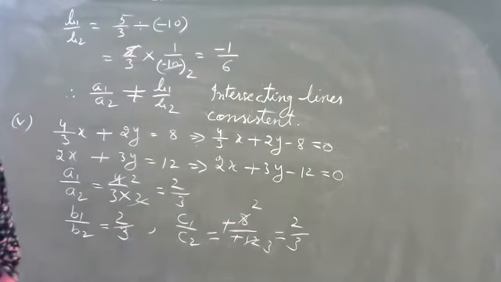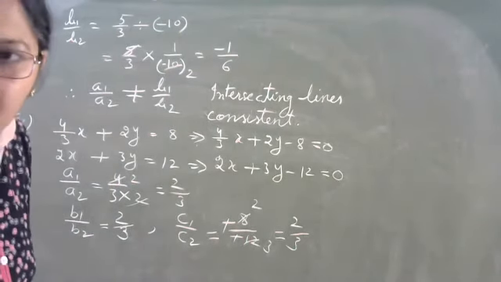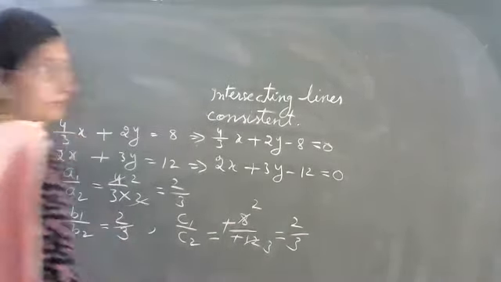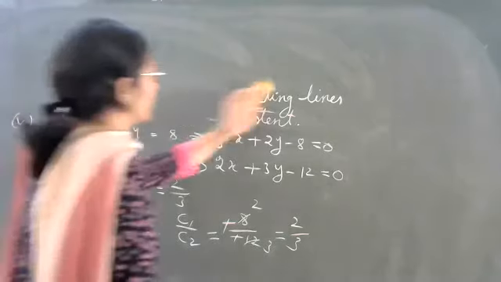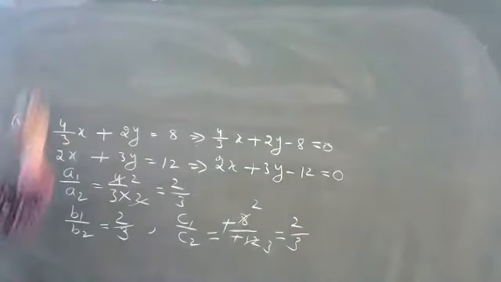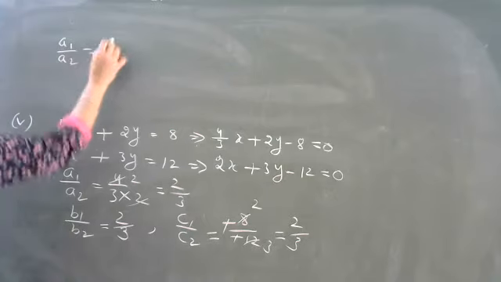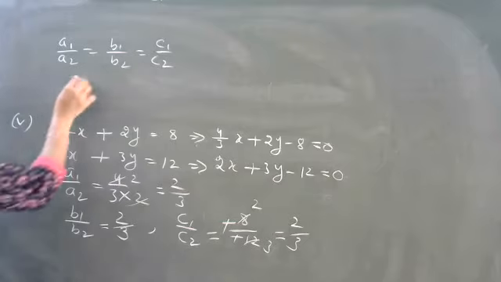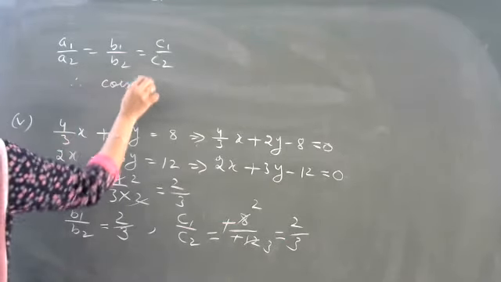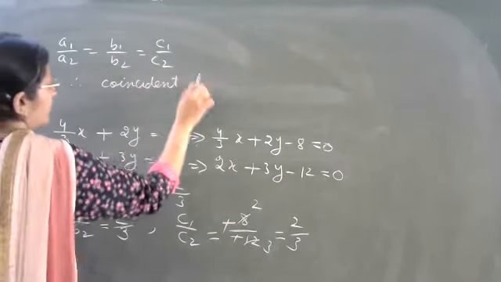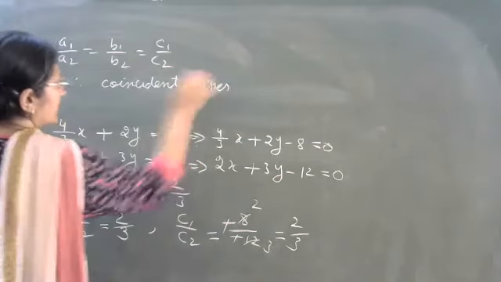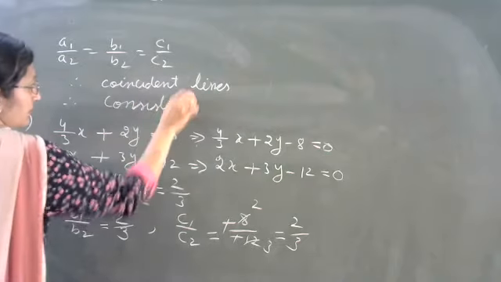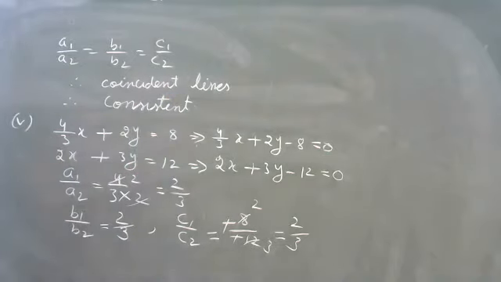So which type of lines are these? Coincident lines. So A1 over A2 is equal to B1 over B2 is equal to C1 over C2. Therefore, coincident lines. Therefore, the pair of linear equations is consistent.